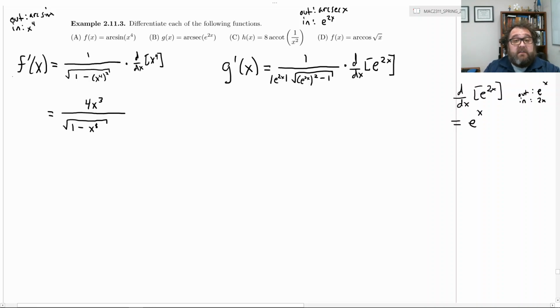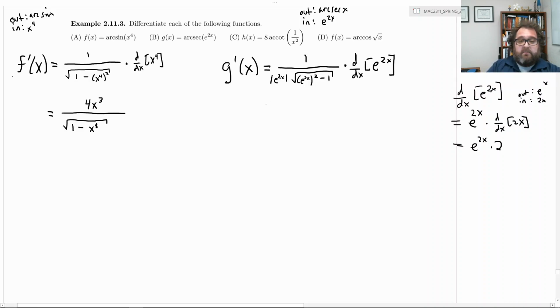Well, the derivative of e to the x is e to the x. But for step 2, you evaluate at the inside function, 2x instead of x. And then for step 3, you multiply by the derivative of the inside function, the derivative of 2x, and of course the derivative of 2x is 2.